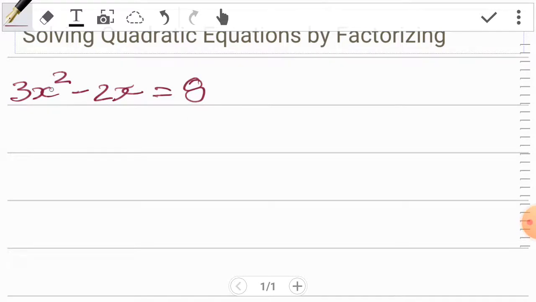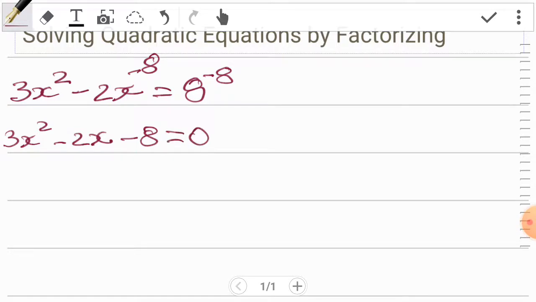It's a quadratic because the highest power of the variable is a 2. In other words, we're going to have to bring everything on one side to solve this. So we would have to subtract 8 from the right side and balance by subtracting 8 from the left side. Then we simplify. 3x squared minus 2x minus 8 is equal to 0.